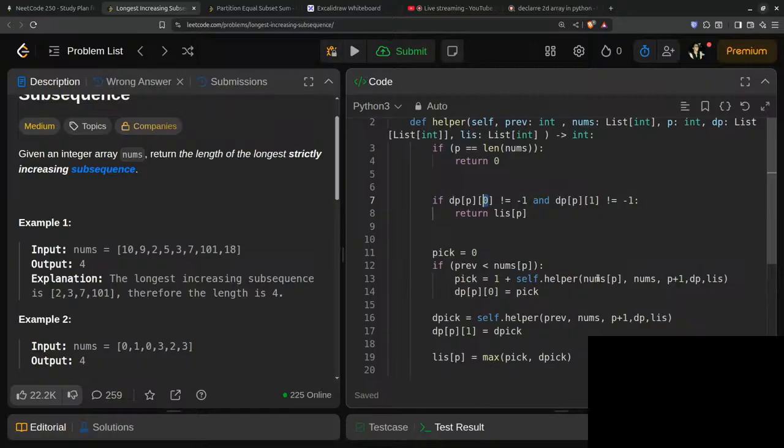If we don't take it, I don't know how, because logic is coming out to be the same, but just the storage is different. Okay, this is not working.